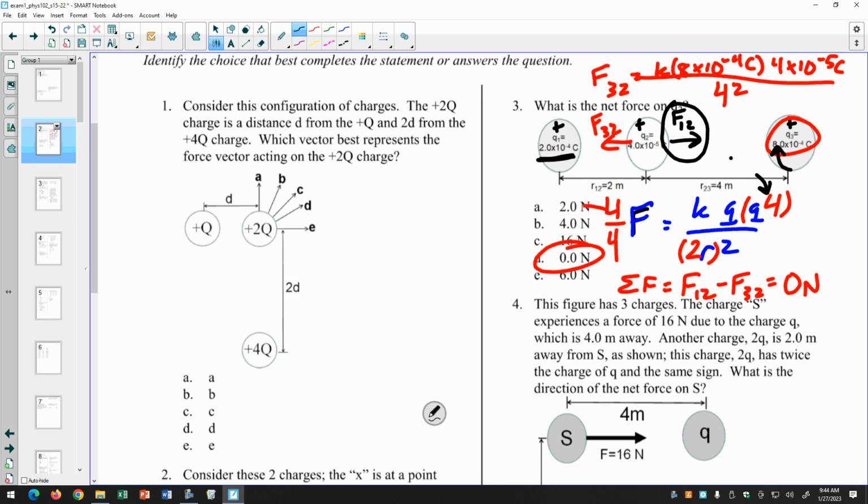And what happens if I double the distance? That is 4 is twice that of 2. And so if I quadruple the charge and double the distance, I get a 4 in the numerator, and I get a 2 squared in the denominator. That's 4 over 4. So that means that the force, F12, has to be equal in magnitude to F32.